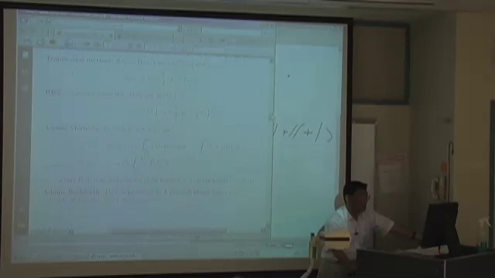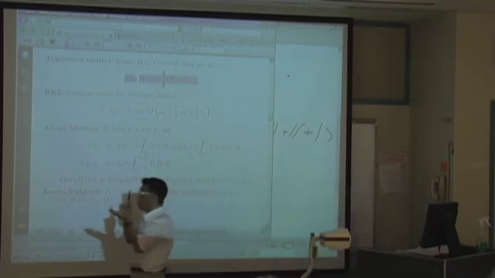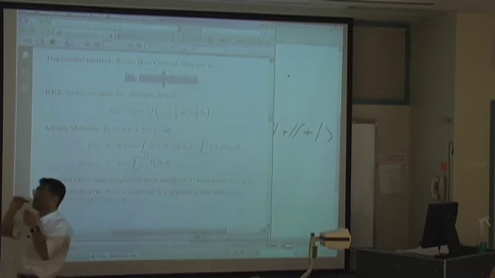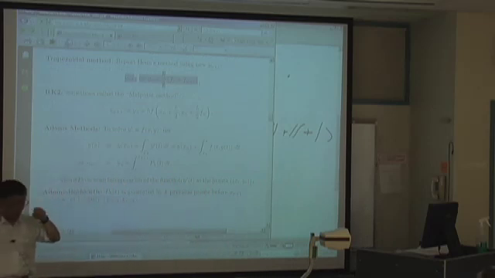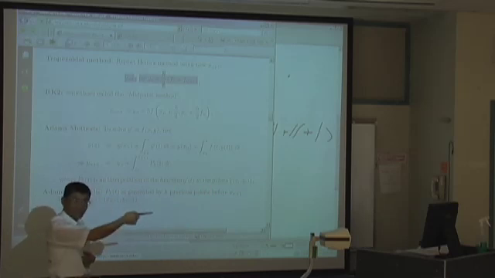So the method is trapezoidal method, and it looks like Hoynes method, but there is a clear difference. Hoynes method uses explicit approach. In other words, from the previous point, we decide the next point without assuming anything. Just previous point is enough to determine the next point. It's Hoynes method.